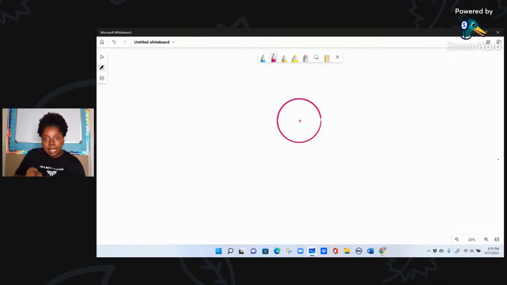A radius is a line that goes from the center of the circle to the outside. It's straighter than that. There we go. So the radius in this example is 11 centimeters, and they want us to find the circumference.